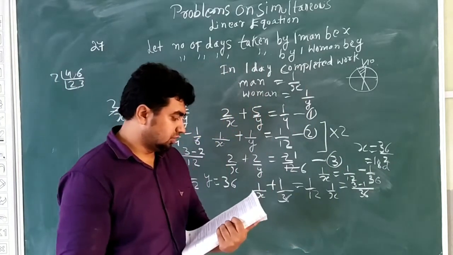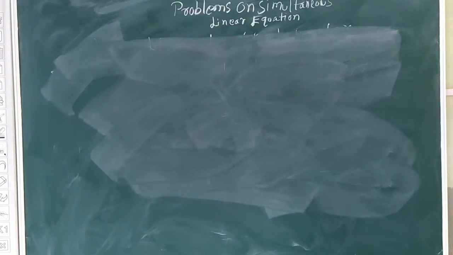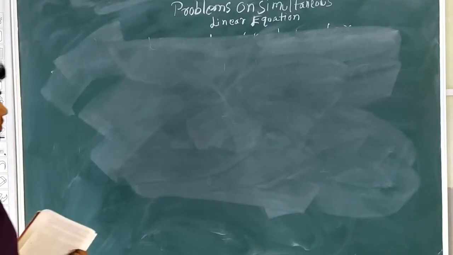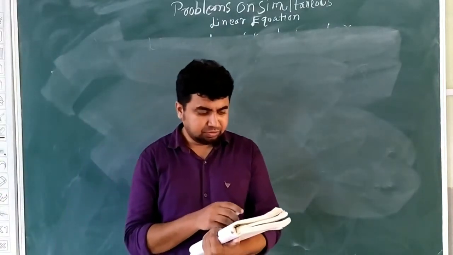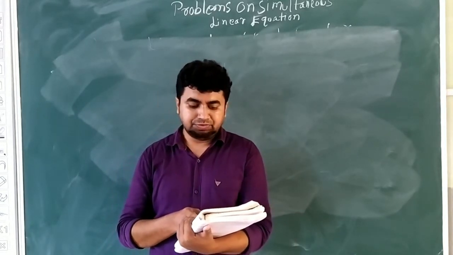Now we will be discussing question number 28. In question number 28 it is given that a train covers a certain distance at a uniform speed.